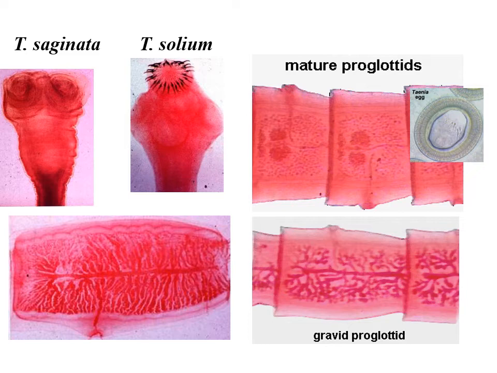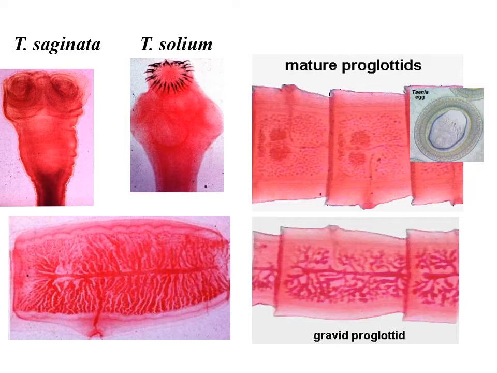This stage, for example, if you look at the last, the gravid proglottids, or what we call ripe proglottids, on both sides, the one to your left with so many numerous branches is Taenia saginata ripe or gravid proglottid, and the one which is just above the word gravid proglottid has comparatively fewer uterine branches.